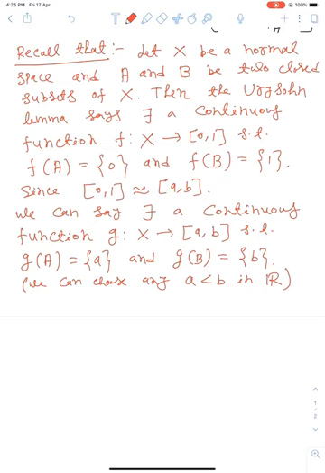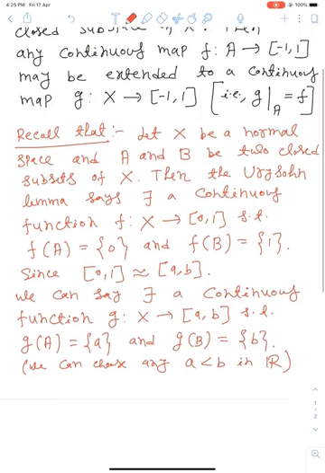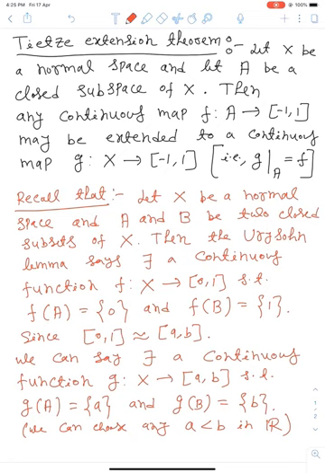Now to prove the Tietze extension theorem, what does this theorem say? If you have a continuous function f from A to the closed interval [-1, 1], then it can be extended to a continuous map G from X to [-1, 1].